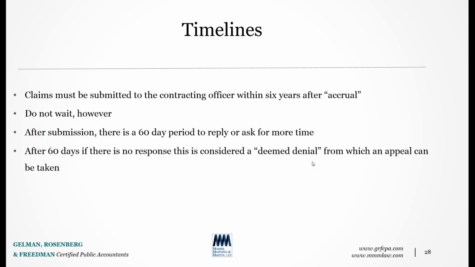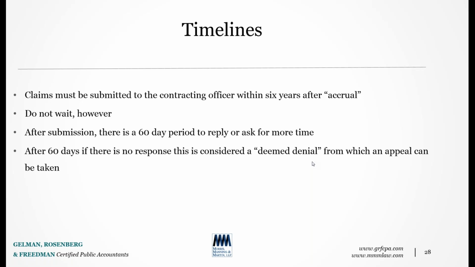There we go. Okay. So there's a timeline associated with filing a claim. That's why I stress filing the claim properly, so you don't waste unnecessary time having your claim denied as defective or not acted upon. The claim has to be submitted to the contracting officer within 6 years after accrual, and accrual is defined as when the claim was known or should have been known.